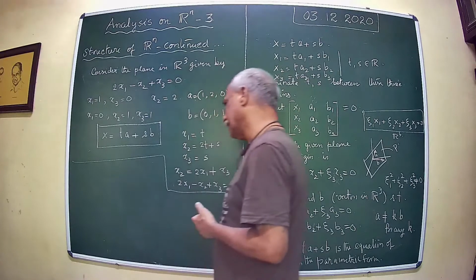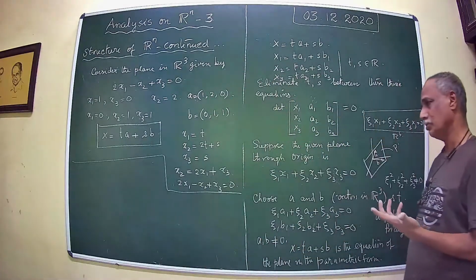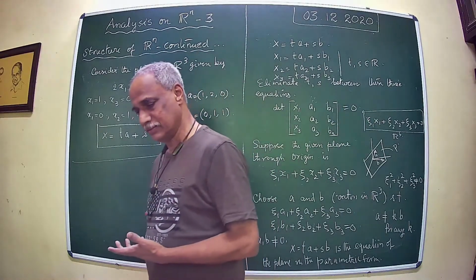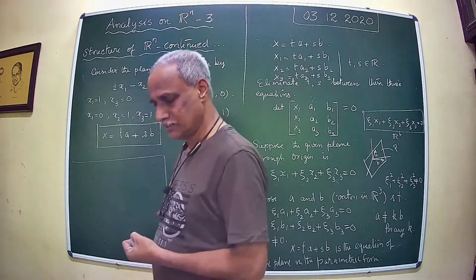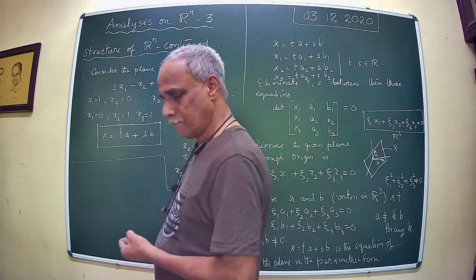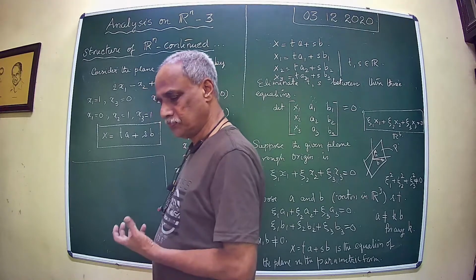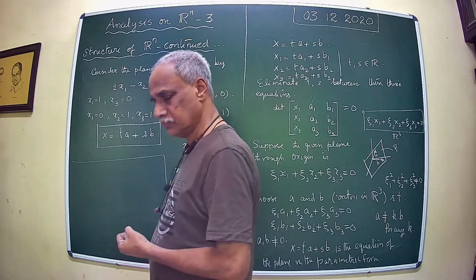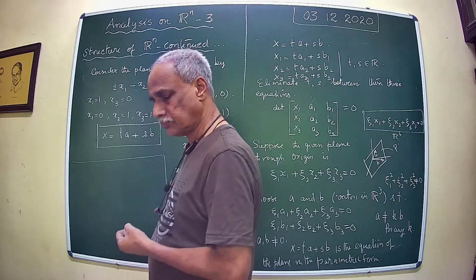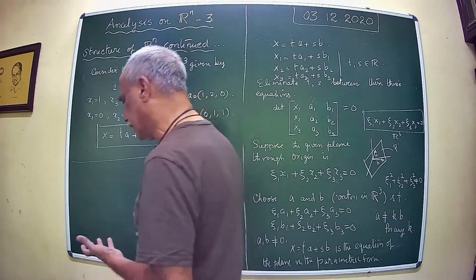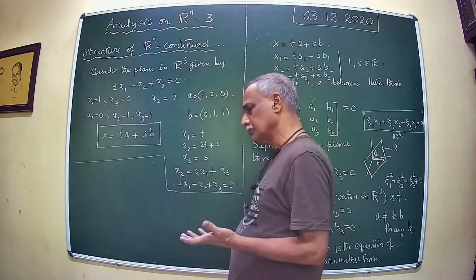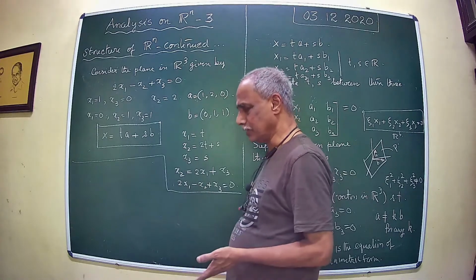So now I think what we have so far done is that in Rn, a set of n vectors would span Rn if and only if it is linearly independent. That's the first thing.